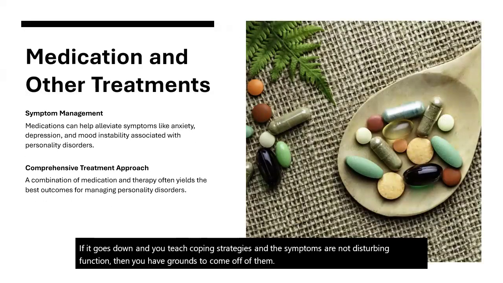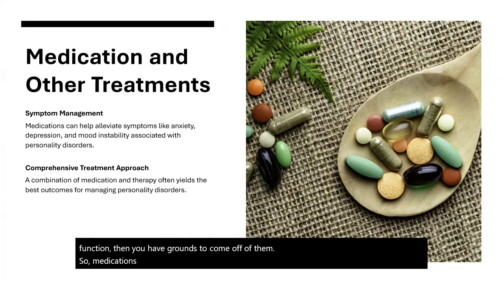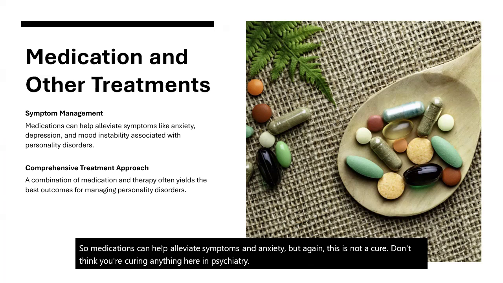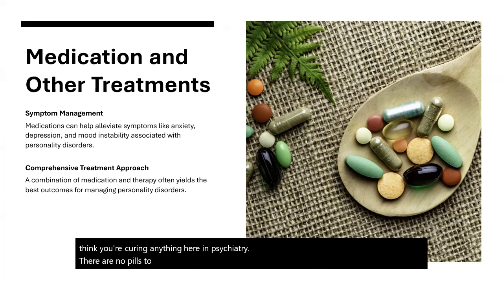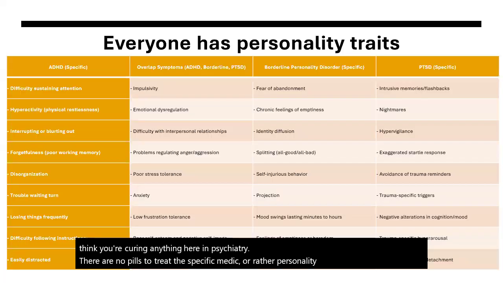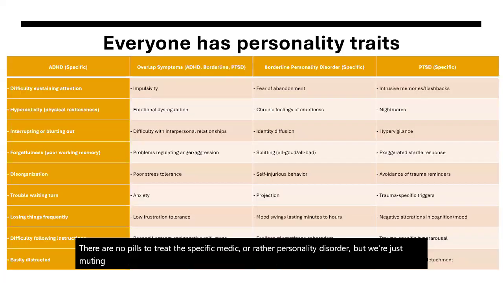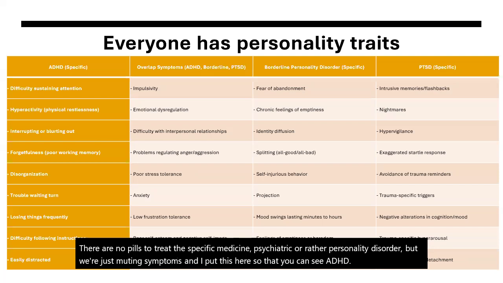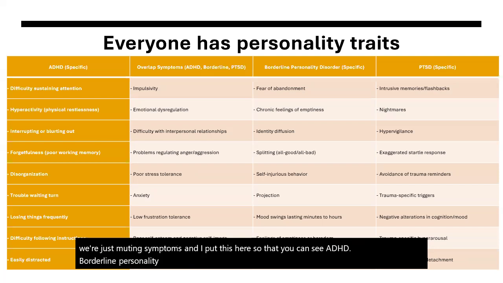So medications can help alleviate symptoms and anxiety, but again, this is not a cure. Don't think you're curing anything here in psychiatry. There are no pills to treat the specific personality disorder, but we're just muting symptoms. And I put this here so that you can see ADHD, borderline personality, and PTSD.